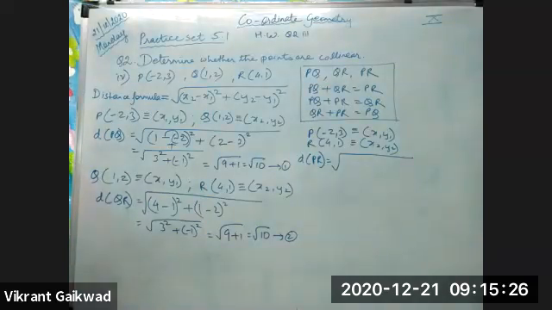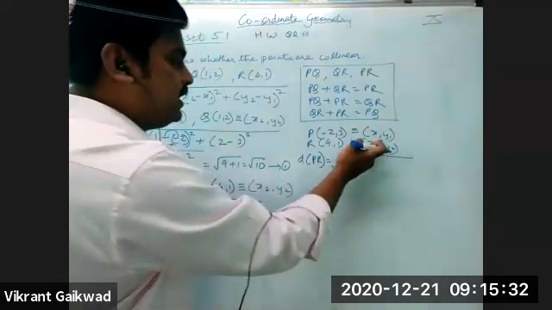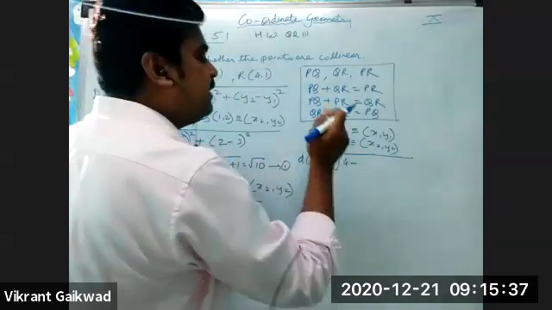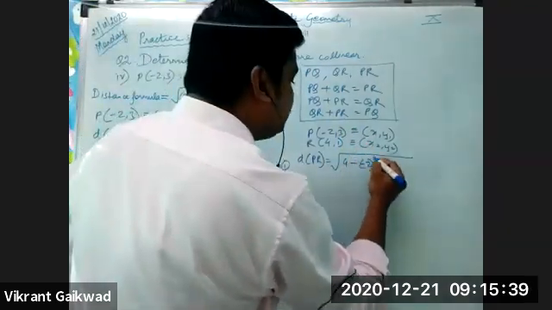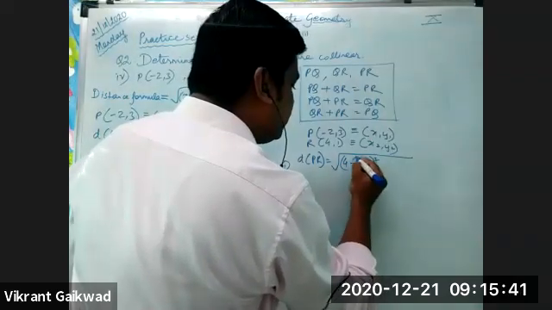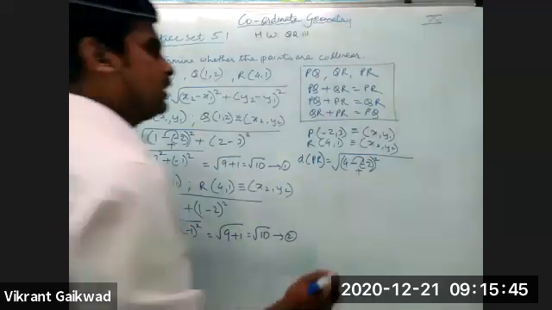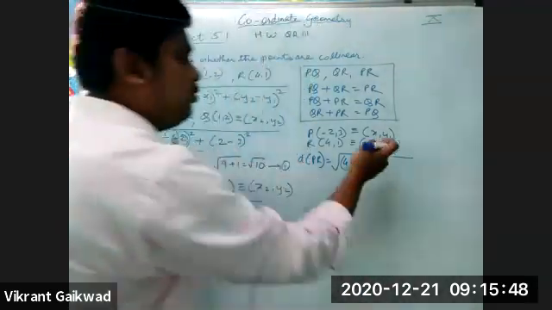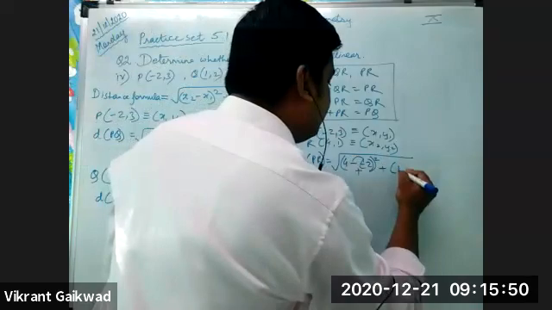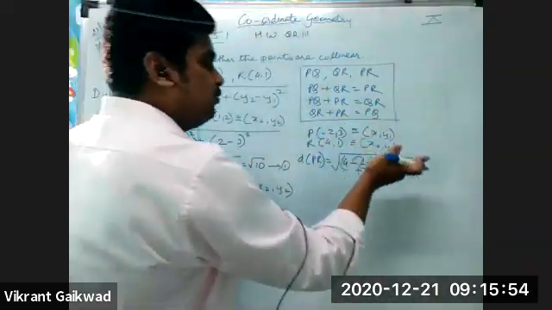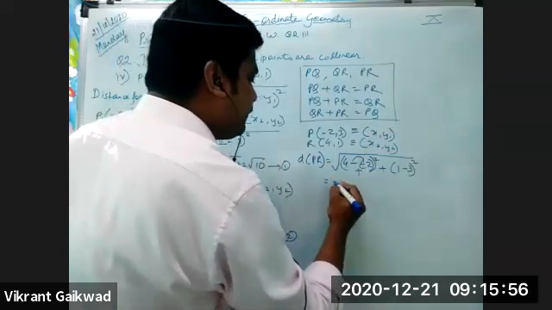You all can start solving, and if anybody has the answer, can unmute and directly tell it. X2 is 4, so 4 minus x1, which is minus 2. So (4 minus of minus 2) the whole square. Again, minus and minus is going to become plus. Plus y2 is 1, so 1 minus 3, y1 is 3, so (1 minus 3) the whole square.